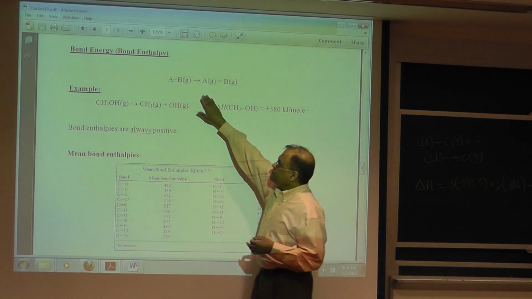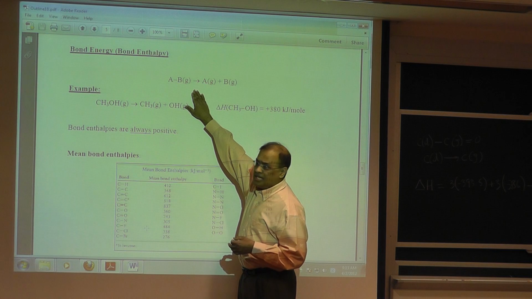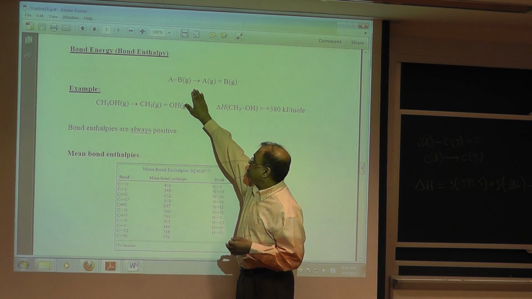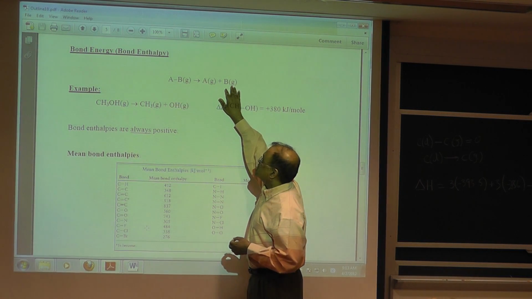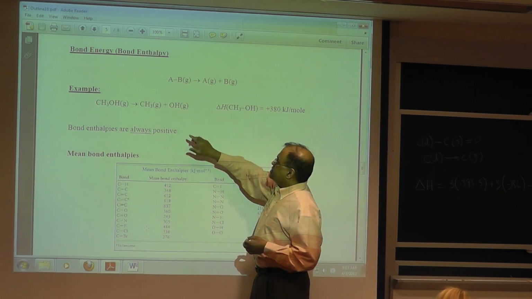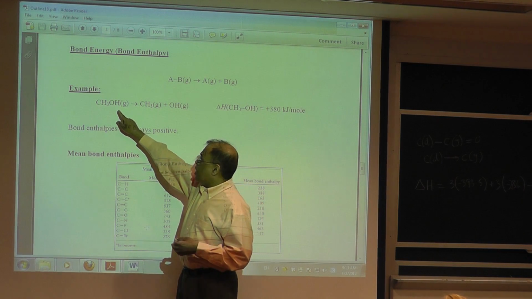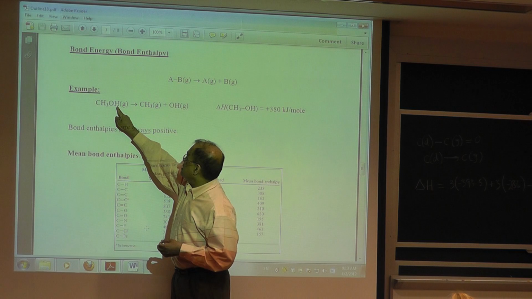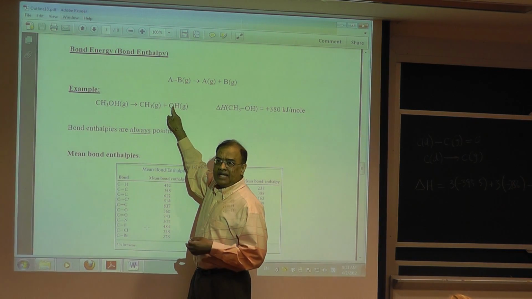So we define bond energy or bond enthalpy as the change in energy, or change in the enthalpy, when AB gas goes to A gas plus B gas. So if we are looking at the bond enthalpy for the CO bond in methanol, we're looking at the formation of CH3 gas plus OH gas.